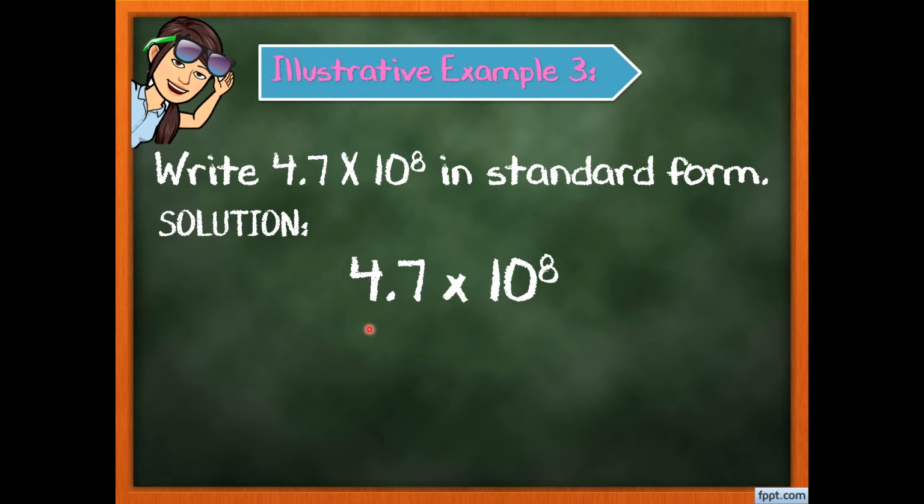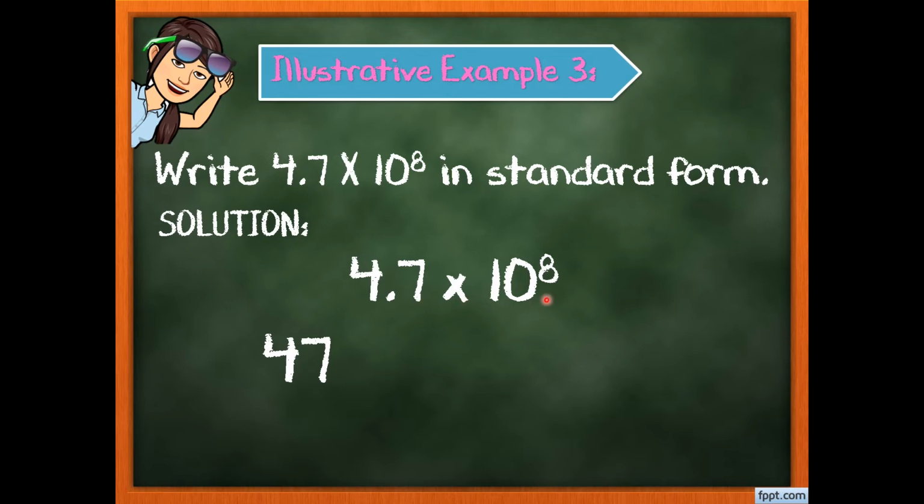So let us copy 47. Then, how many zeros do we need to add to 47? Since na meron na tayong isa to the right of the decimal point, we will subtract 1. So, 8 minus 1 is 7.